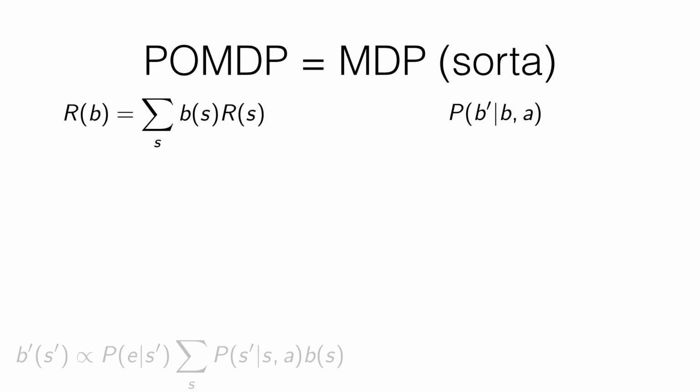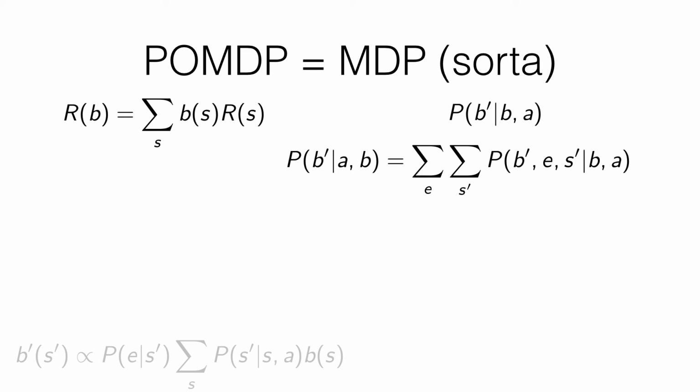So let's try to write this expression in a way that includes both the state and the evidence. And so this new form is exactly equivalent to the expression above. I just switched the order of A and B, and then I've summed over the probabilities of the B prime and E and S, the evidence and the new state rather.